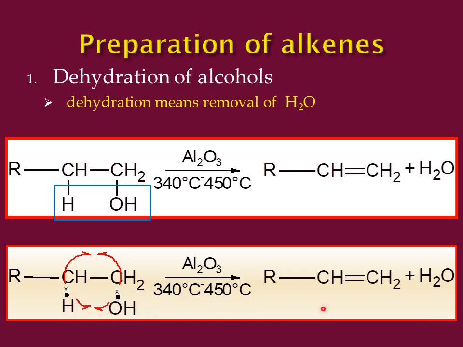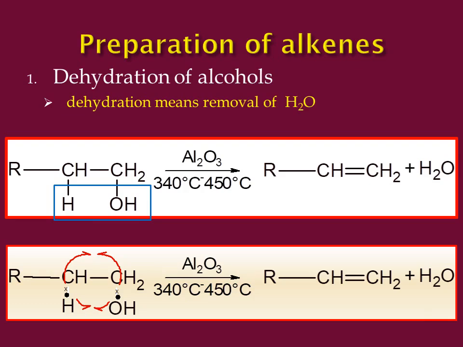They are going to make a pi bond because already these two carbon atoms are sigma bonded. So the next forming bond between already bonded sigma atoms is a pi bond. Therefore, heating alcohol causes dehydration, removal of water molecule, producing an alkene.